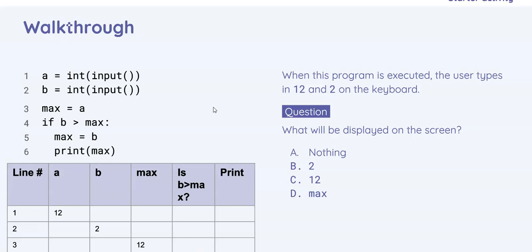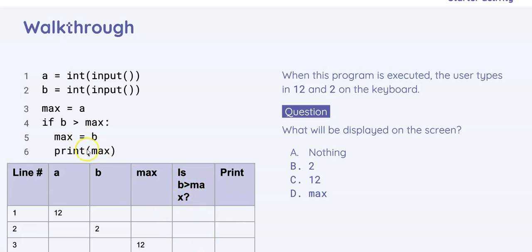Good. So remember 12 is stored in A, 2 is stored in B. We see that here, but then we're saying A, which is 12, is now being stored in max. So max here becomes 12. Then here we're saying if B is greater than max, so we're now going to ask the question, is B greater than max? And we're going to put true or false.